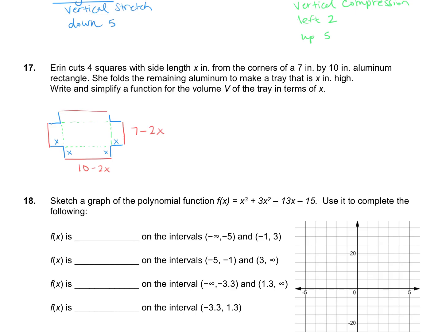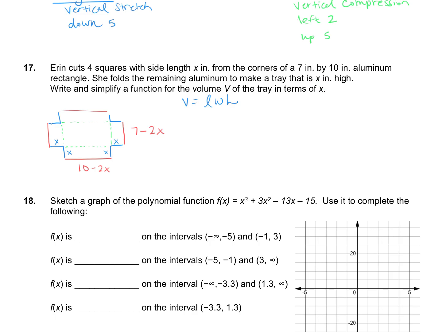So volume is length times width times height. Our length is 10 minus 2x, our width is 7 minus 2x, and our height, they did tell us, is x inches high.